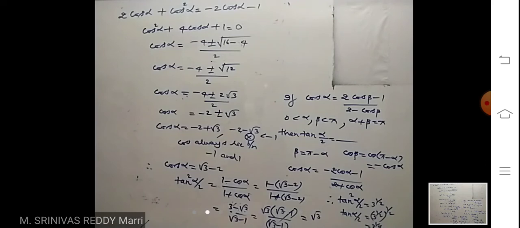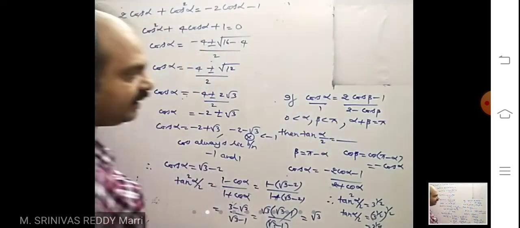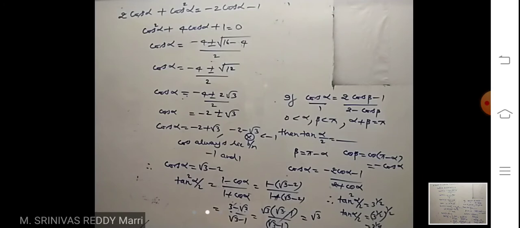Like that, another approach. 3 power 1 by 4 is the answer. Or otherwise, just like the previous problem, you can solve by dividing by 1, applying componendo and dividendo, and then applying 1 plus cos A equals 2 cos square A by 2 and 1 minus cos A equals 2 sin square A by 2. That method also you can solve.